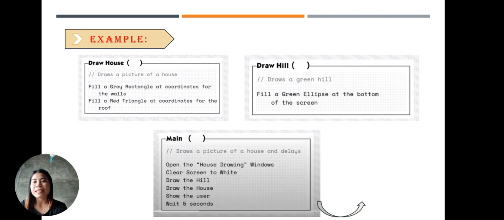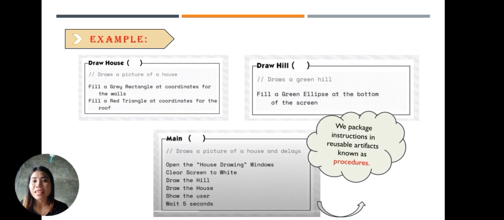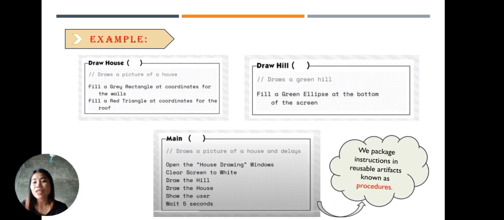Your main plan is to open the house drawing window, clear the screen to white, draw the hill, draw the house, show the user, and wait 5 seconds. This packaging of instructions into reusable artifacts is known as procedures.